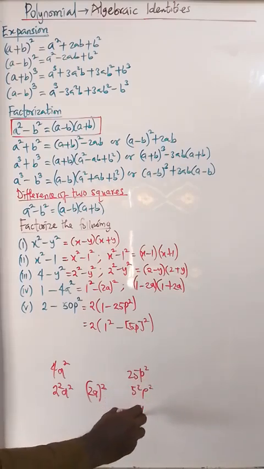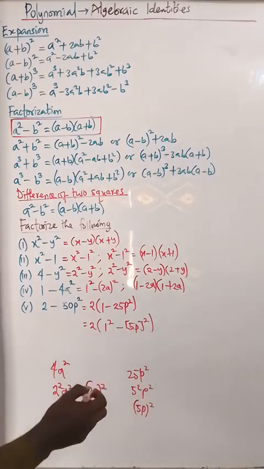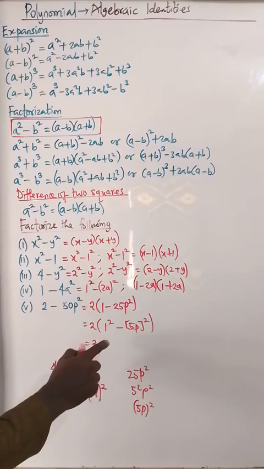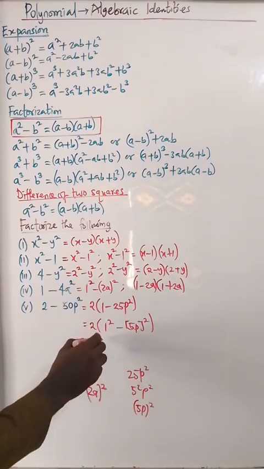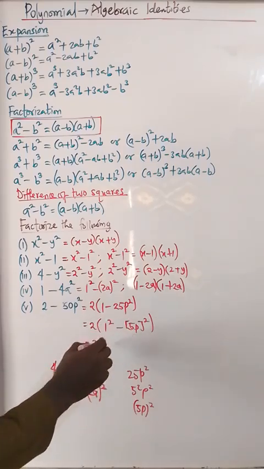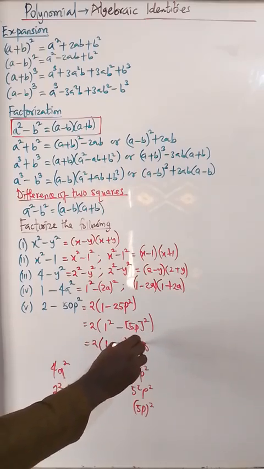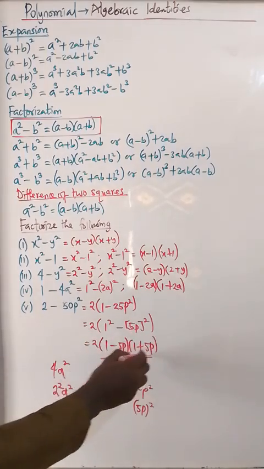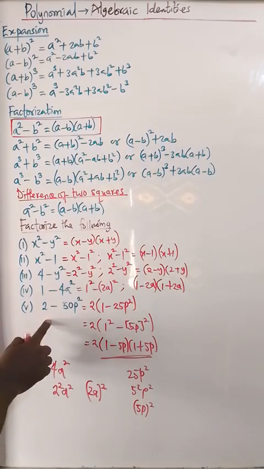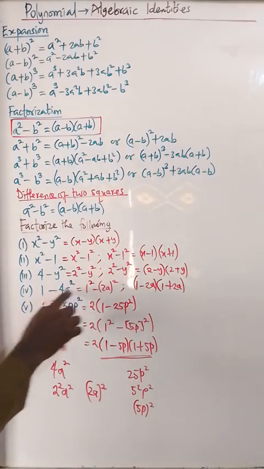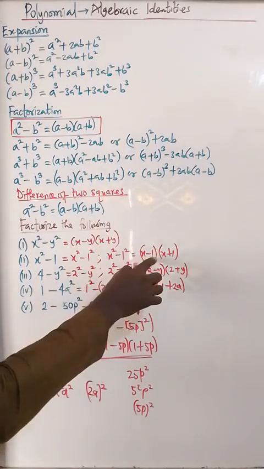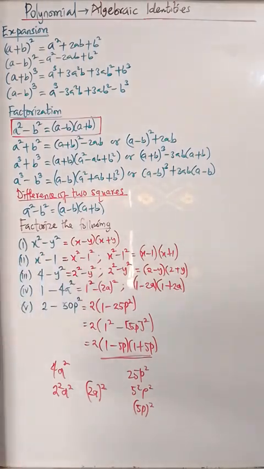The square is common, that is 5p all squared. Then what next? The 2 remains outside. Then since they both carry square, the first is to subtract, 1 minus 5p. Then we add, 1 plus 5p. So the expansion of this gives this. If you expand this, you get this.